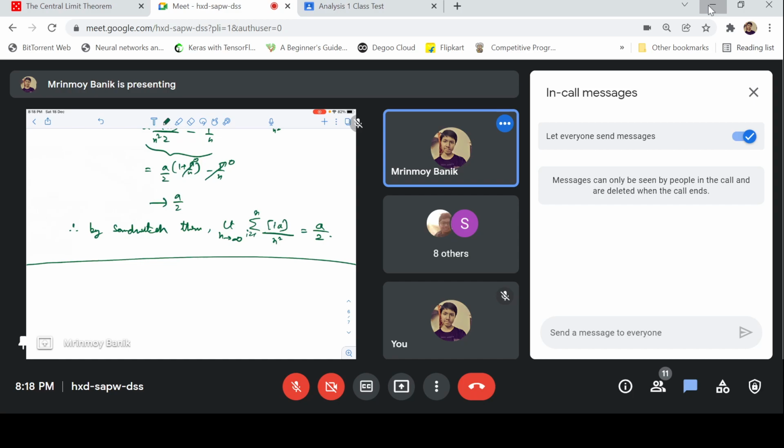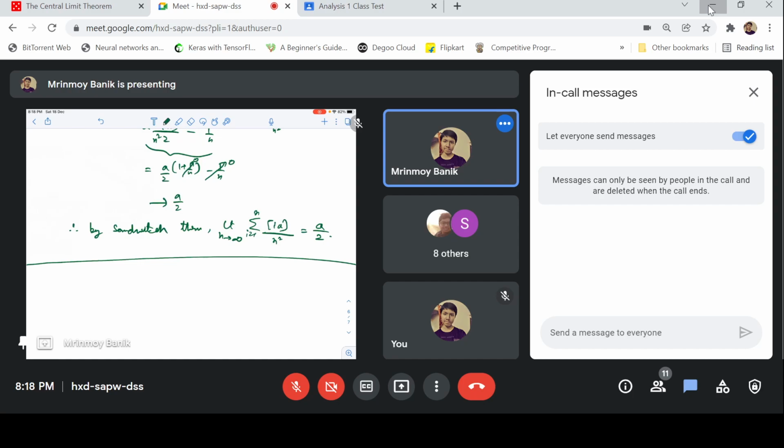So f of a is not a limit point according to definition 1.